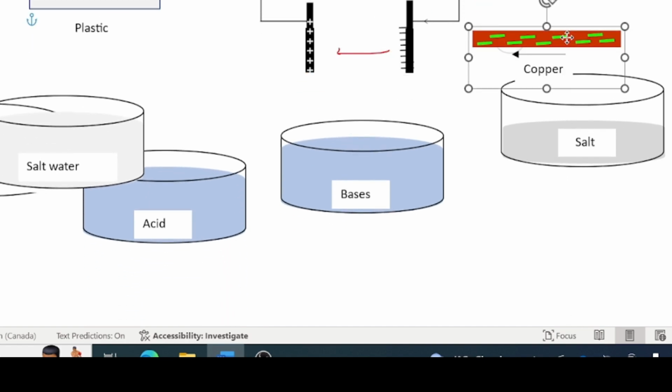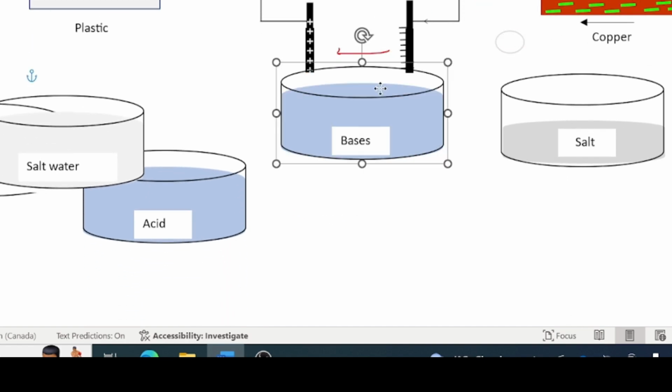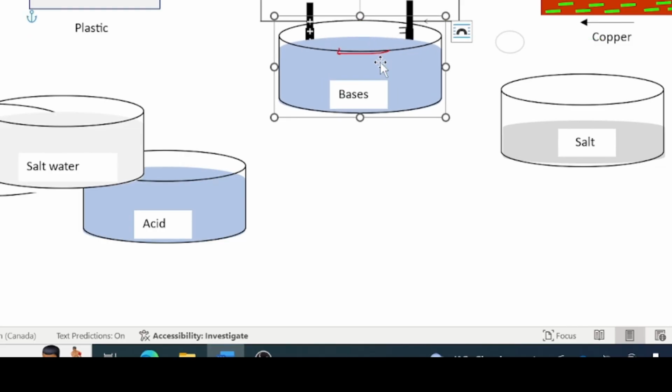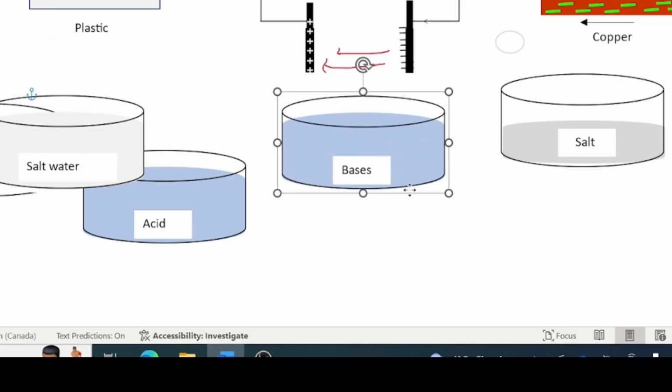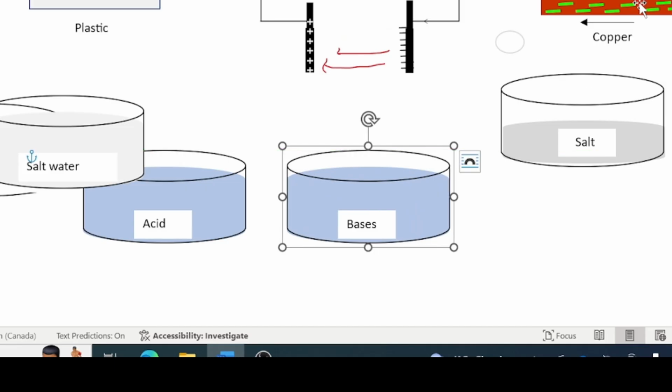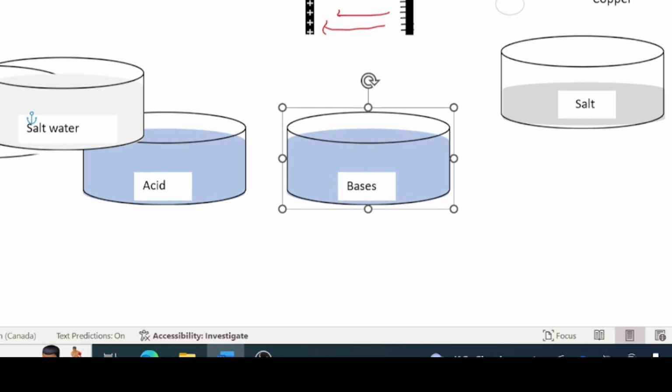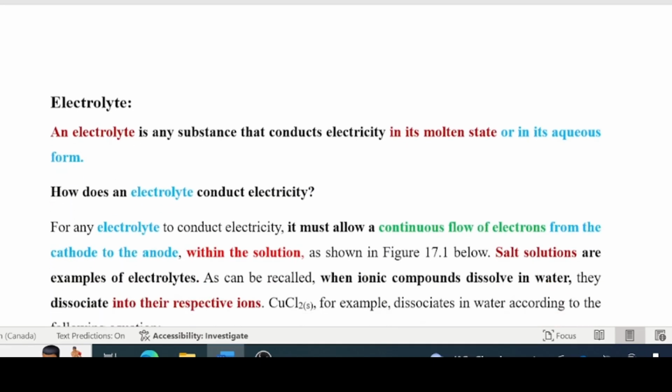Whether you put a base or a solution of a salt, it also must allow the electrons to flow in that direction. But how does it happen in an electrolyte? We can understand how it happens in a piece of metal because the metals have electrons in them, right? So that's the next job for us to do, to understand how the electrolyte conducts electricity.